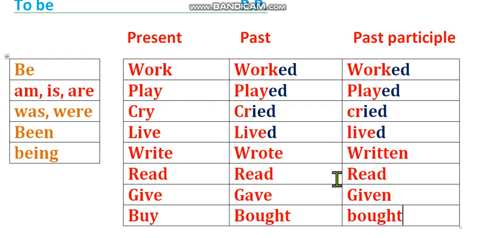As we can see here, the past participle is not formed by adding ed. Written is different from all the other verbs. Read has similar writing but different pronunciation. Given is completely different. Some verbs, the past and the past participle, are alike. Also, come, came, come. The present and the past participle are similar. So we must study the irregular verbs to know which one we need as the past participle.